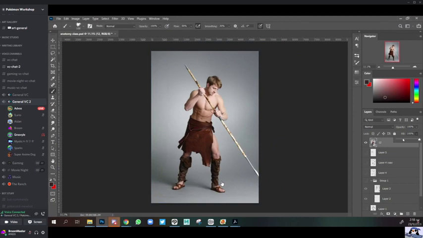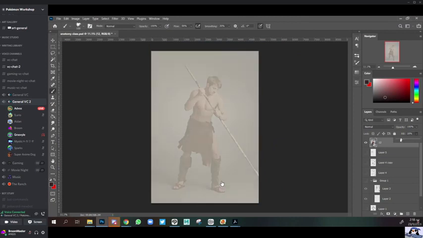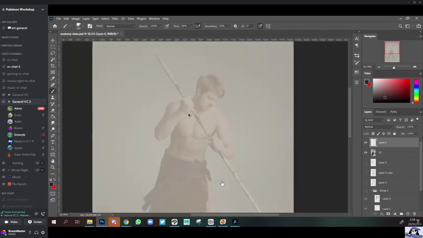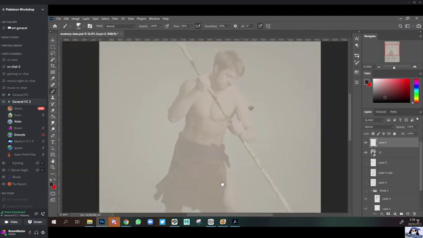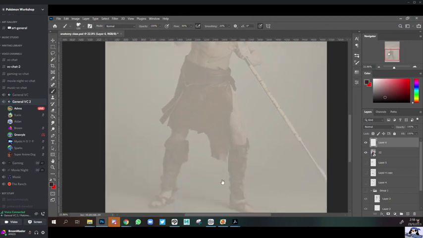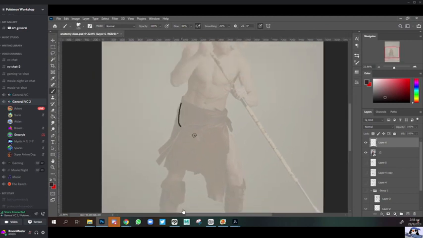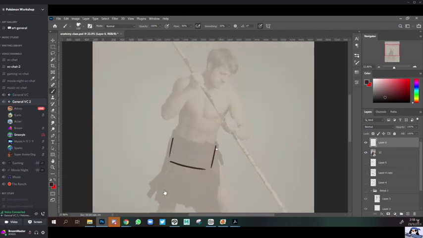So I'm not supposed to be tracing over it, but for the sake of demonstration, I'll just trace over it. So first, this is a bit hard to see because there's some clothing here, but the pelvis will be somewhere here, and the rib cage will be here.